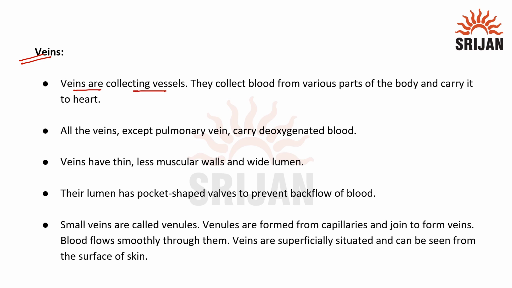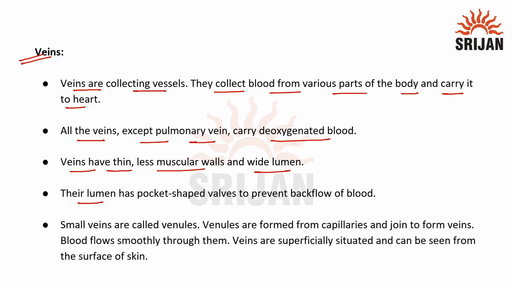Now let's understand about veins. Veins are collecting vessels. They collect blood from various parts of body and carry it to heart. All the veins except pulmonary vein carry deoxygenated blood. Pulmonary vein, which is an exception, carry oxygenated blood. Veins have thin, less muscular wall and wide lumen.